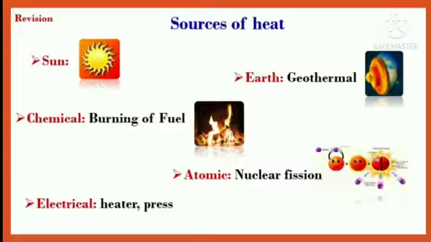A large amount of heat is generated due to the nuclear fusion taking place in its center. In this process, hydrogen nuclei fuse together to form helium nuclei, generating heat in the process. And some of it reaches the earth in the form of light and heat.